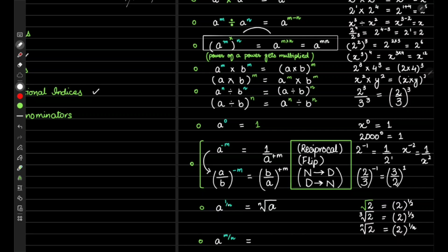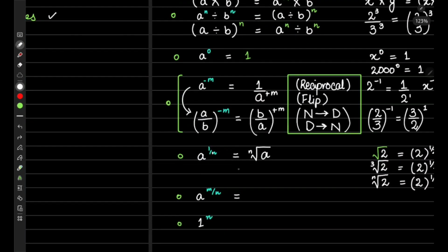The opposite of it is also true, that if you have m times n, then you can write it separately. That means you can split it as a to the power m multiplied by 1 over n. It is the same way, like if it is m over n, any fraction like 2 over 3, you can write it by splitting it as 2 times 1 over 3. Why are we doing this? To keep the fractional part separated from the number part.